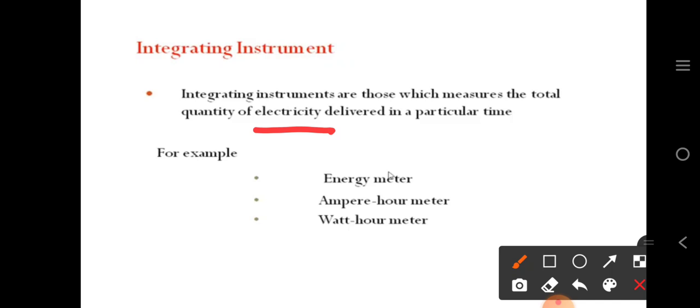The main function of an integrating instrument is to integrate the data of a particular fixed period and denote it on the meter. Here there are three examples: the energy meter, the ampere hour meter, and the watt hour meter.